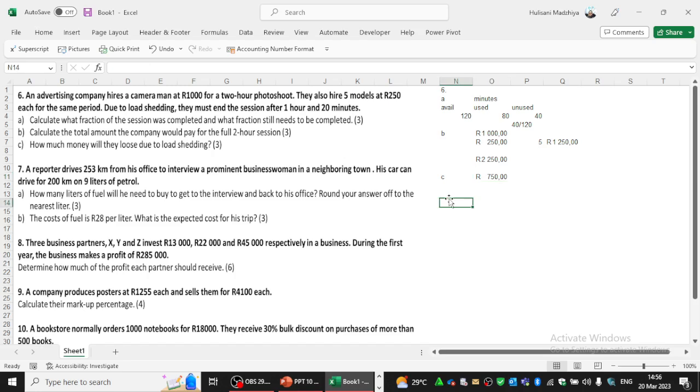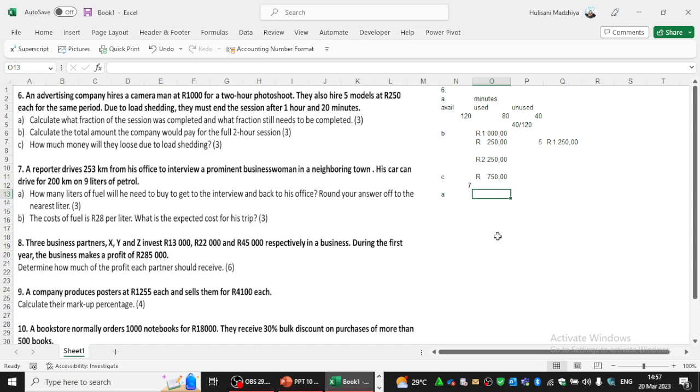So under number 7A, this is how we're going to solve this one. We need to first calculate, there are two methods that we can use. We can calculate fuel consumption per kilometer, to say how much distance 1 liter covers, or that his car can travel.